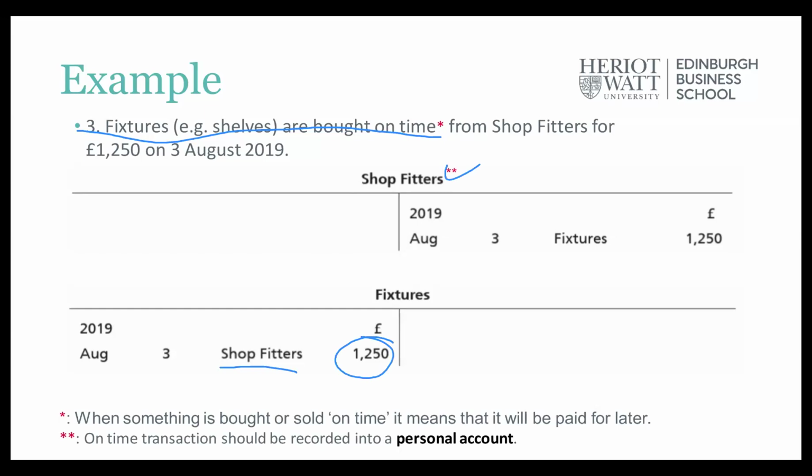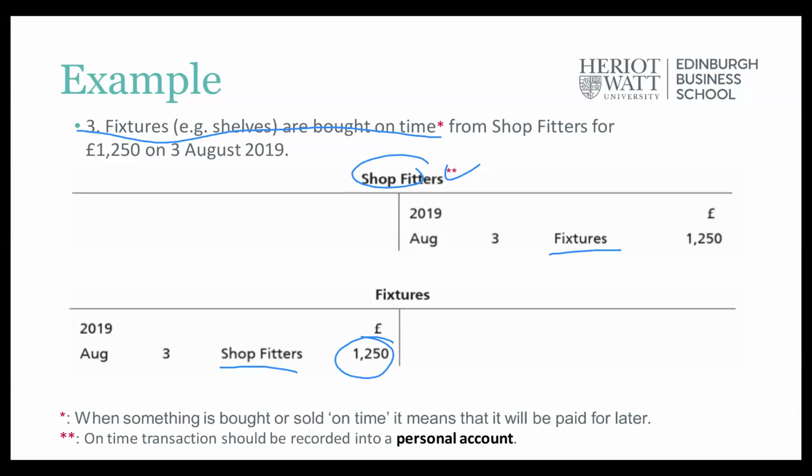This is not really a nominal account. The shop fitters have given the fixtures; we have bought from them. So if you start with them, you open their account, and they are giving, so you credit their account. Is that right? Yes, sir.